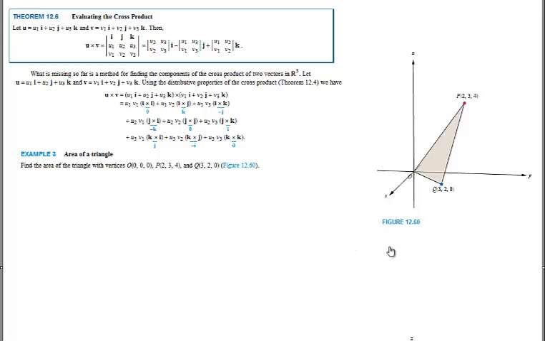And I notice that this carries on all the way through here if I were to work it completely out.